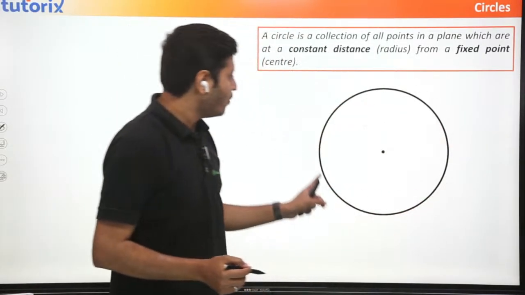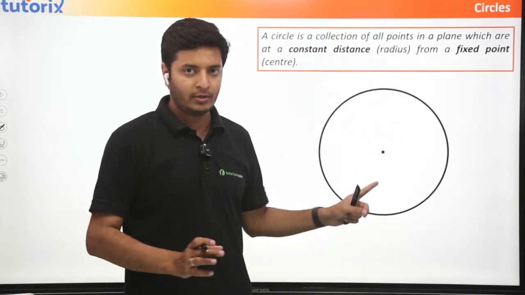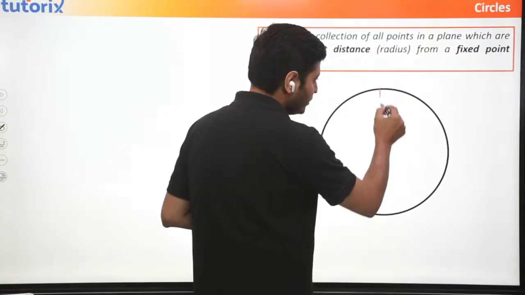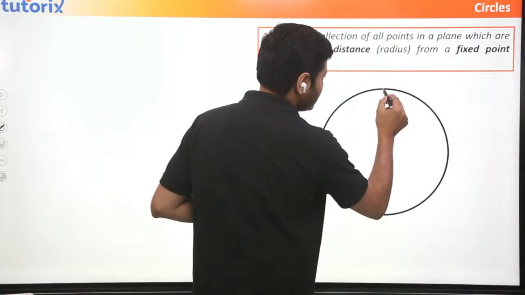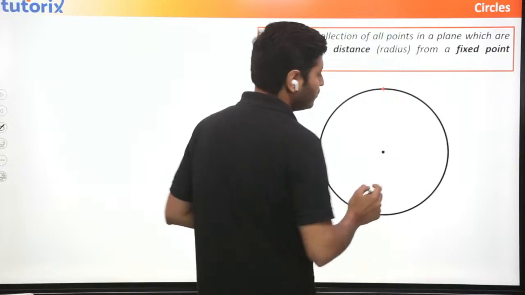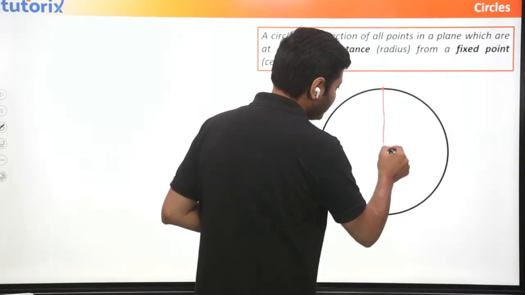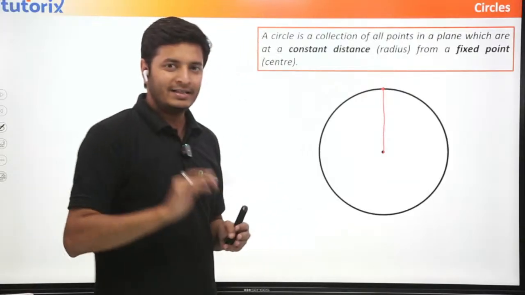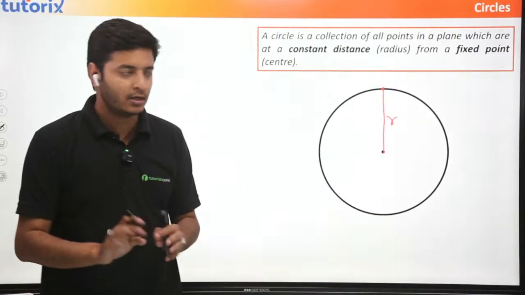Every point on the boundary of this circle is at the same distance from the center point. Suppose this is a point on the boundary or the circumference of the circle. If I'm joining this point using a line segment with the center, then this is known as the radius. Suppose the value of the radius is r.